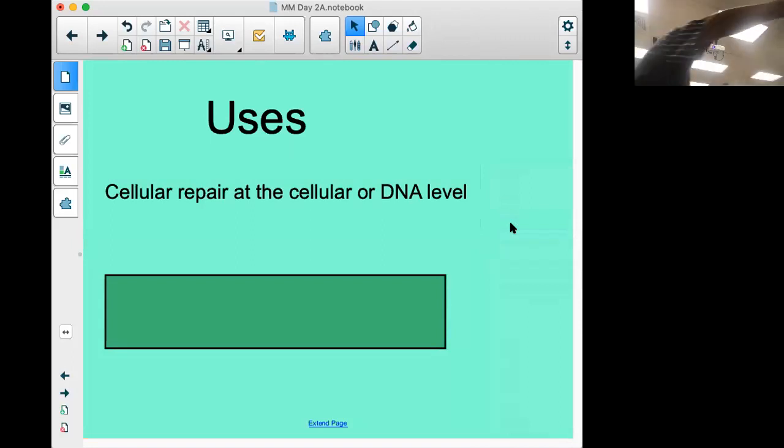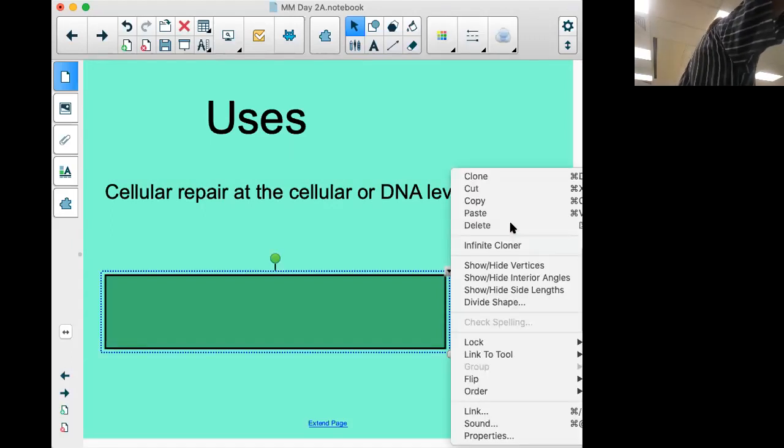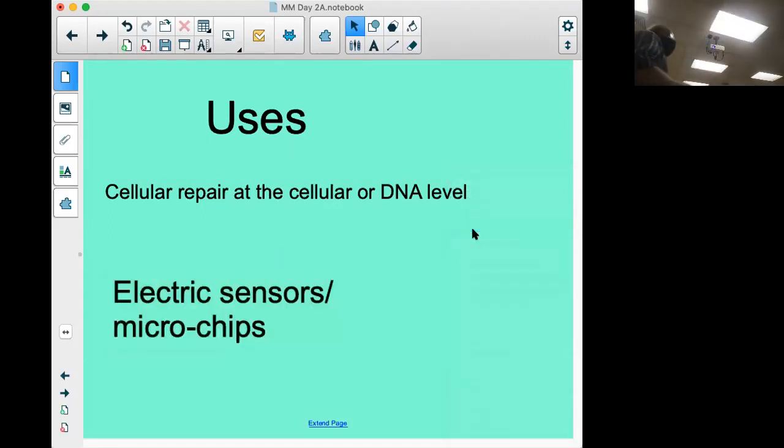Okay? The second use is electrosensors or microchips. The main purpose of his workshop was talking about how they're actually making microprocessors that are atom size. So they're small enough that you can be literally adding atom on top of atom to make a microchip. That's nanotechnology, right?